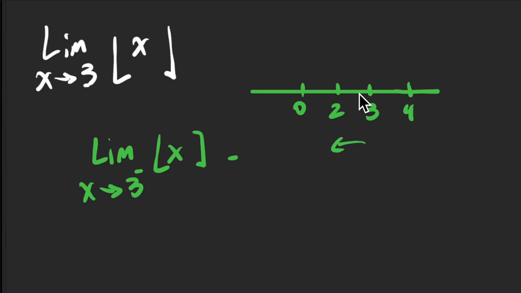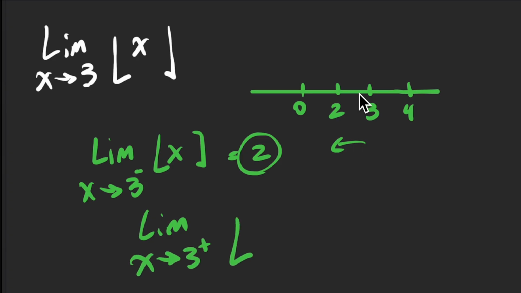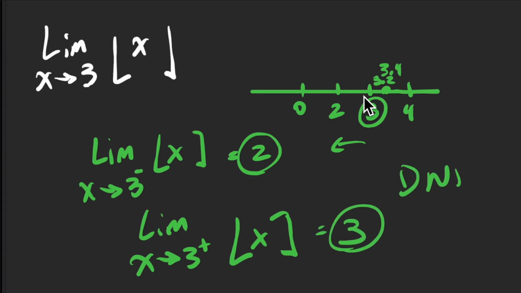That's going to round down and be 2. However, if we approach 3 from the right using the floor function, then we're going to have 3.4, 3.2. As we approach 3, we're always going to have a 3 point something, and that's going to round down to 3. Since these limits do not concur, since they are not the same from the left and from the right, this limit does not exist.